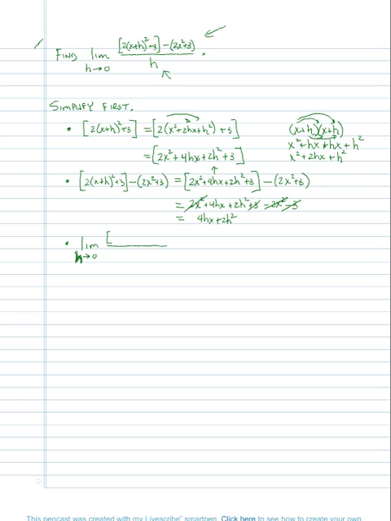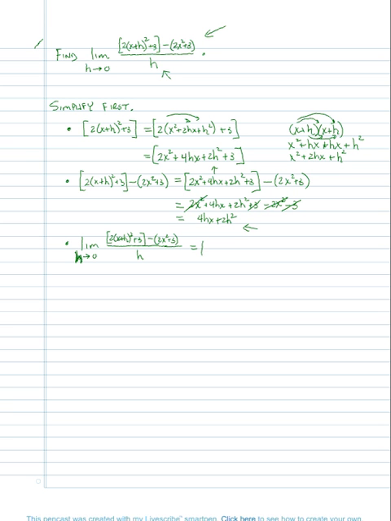The numerator is 2 times x plus h squared plus 3, minus, in parentheses, 2x squared plus 3, and all of that is divided by h. Now what we found from the previous two steps is the numerator is just the expression 4hx plus 2h squared.